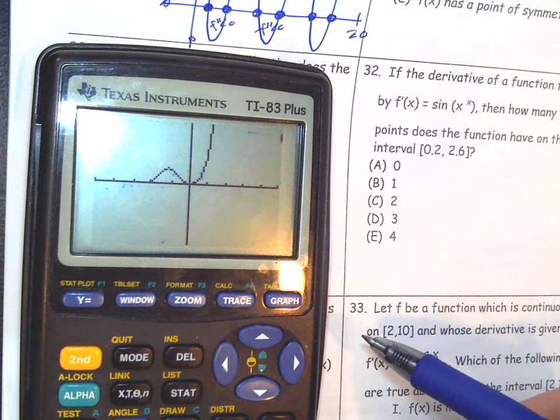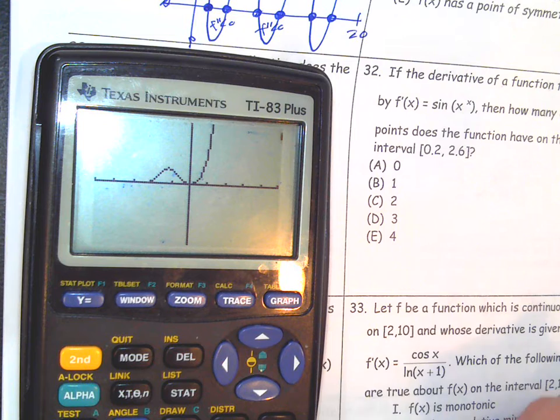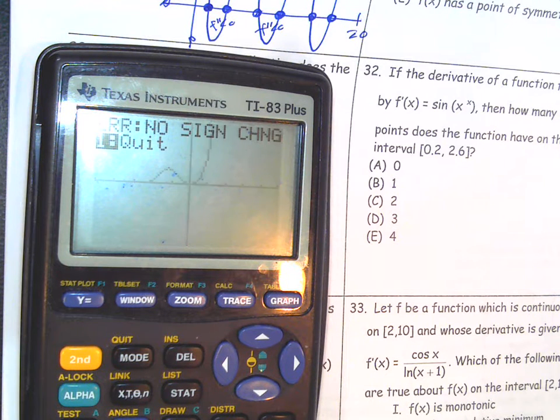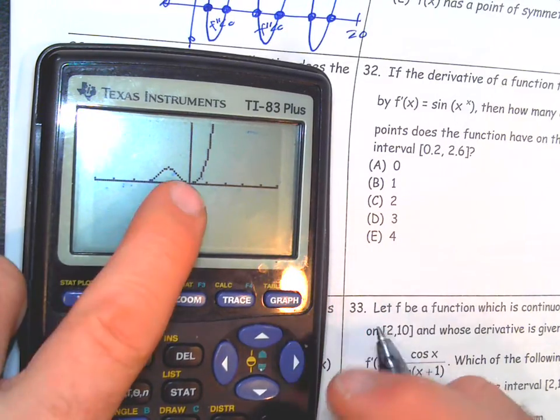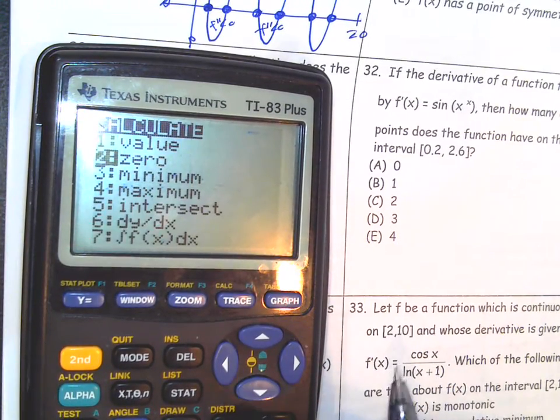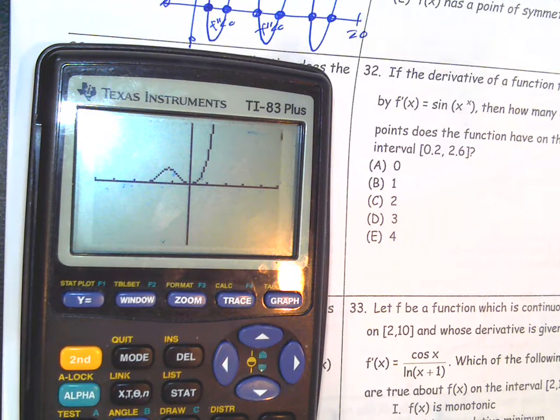If it says error, no sign change, that means it doesn't have any x-intercepts. Everything takes a long time here because we're using that trick. Wow. Okay, so there is no x-intercept there. Is there one there? Second calc 0, -1 to 1, guess 0. See if there's one there.